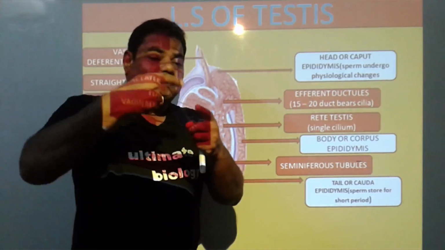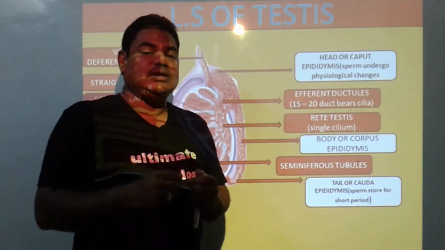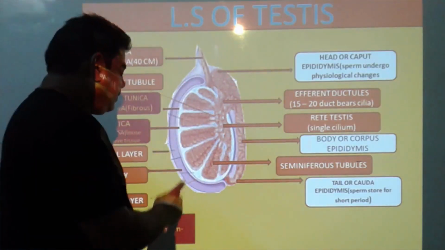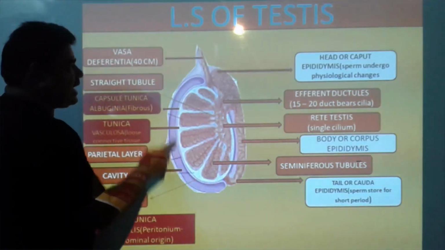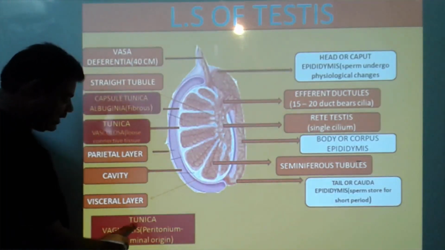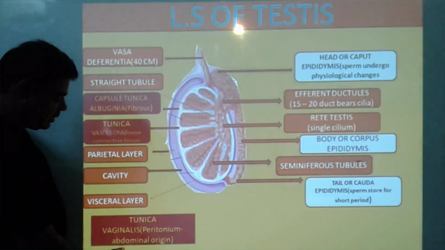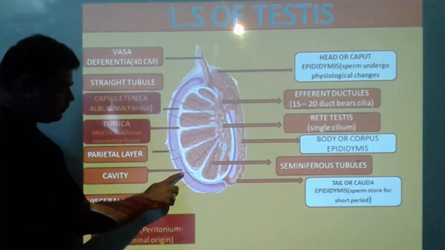Our kidney also is wrapped by that same wall, what do we call it? Peritoneum. It proves that the testes are abdominal in origin, and the tunica vaginalis is protective in nature.